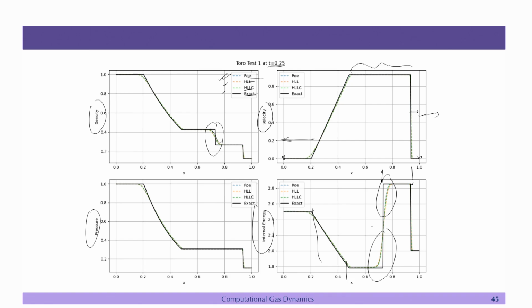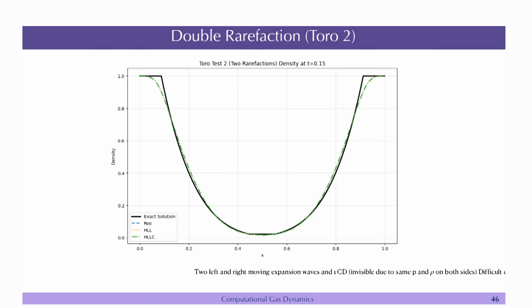Okay. Now, let us go to the test 2, which is really a test of flow in a vacuum, okay, because the density goes very close to 0. Okay. So, when I tried running this case with Roe solver, although I have written Roe here, there are no results of Roe here.